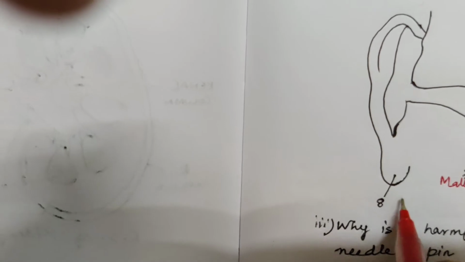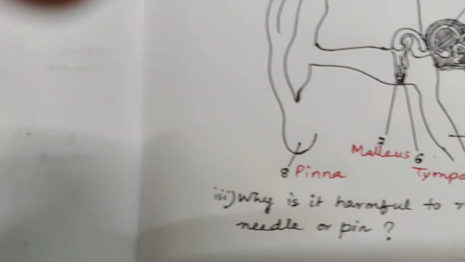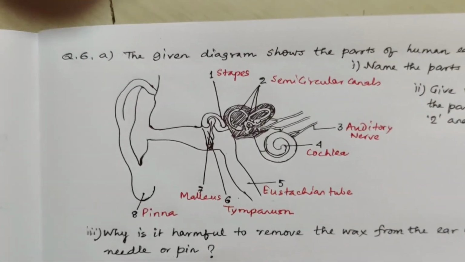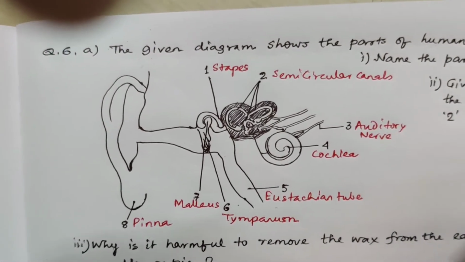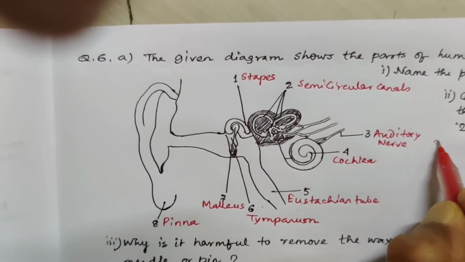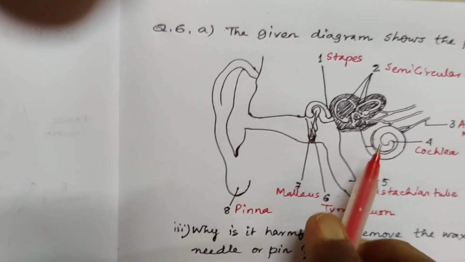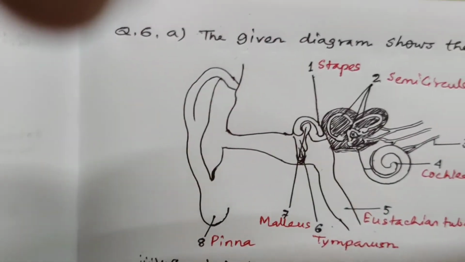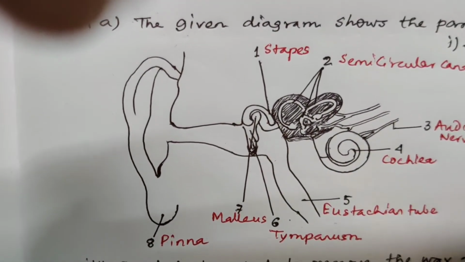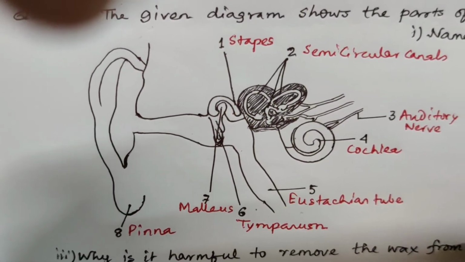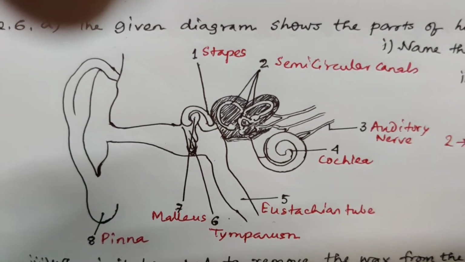And number 8 is pinna. These are all the labelings. Give the function of the parts marked 2 and 7. What is the function of 2? 2 means semicircular canals. It maintains dynamic equilibrium of the body.